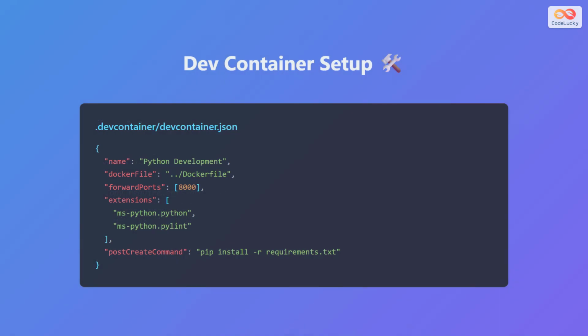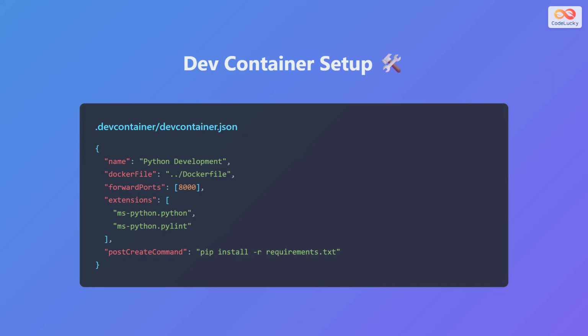To configure our development container, we'll create a .devcontainer/devcontainer.json file. This file defines the settings for our development environment. Here's an example configuration. We start by providing a name for our container, such as Python development. Then we specify the location of our Dockerfile using the Dockerfile key.